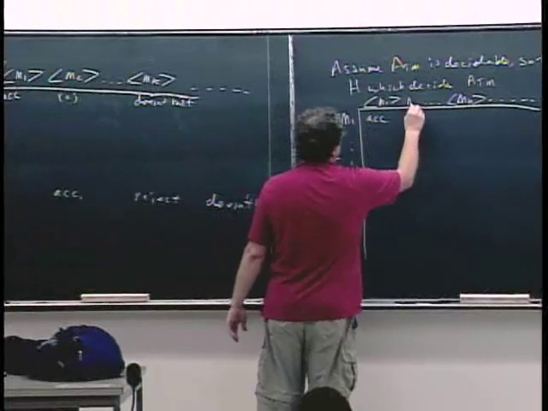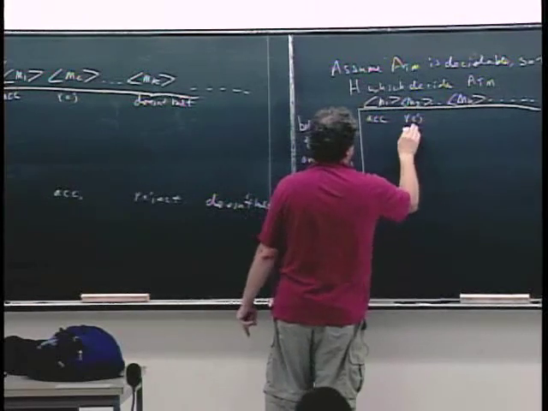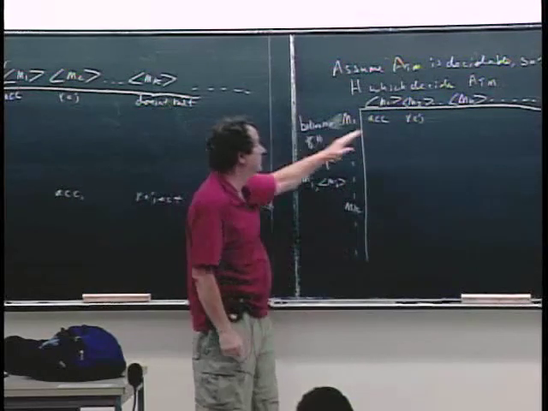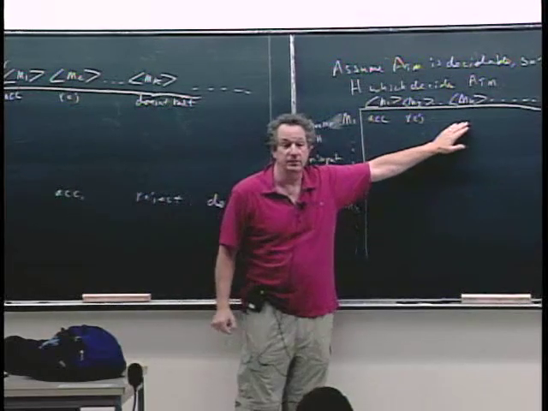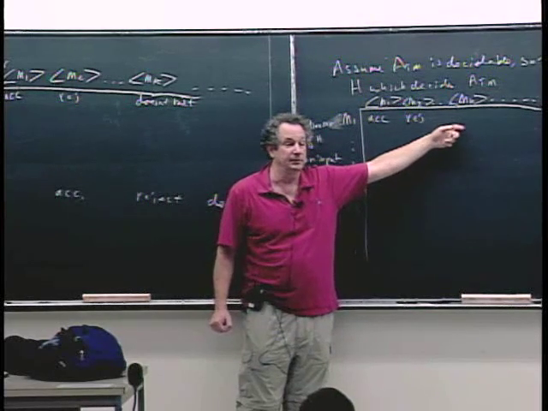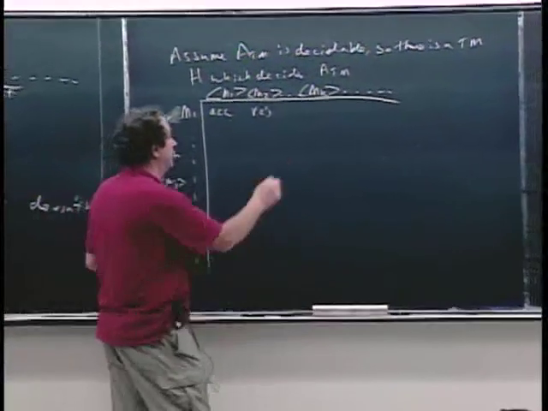And wherever that table says reject, this says reject. And when this says doesn't halt, what should this say? Reject, right.